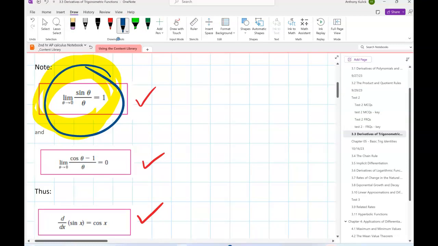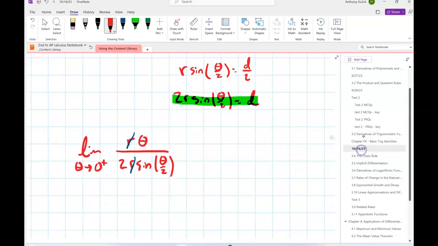That's starting to look like kind of what we have. Everybody's cool with that? And obviously, if this is equal to 1, then theta over sine theta should be 1 also, right? Which is kind of more what we have. Everybody's okay?